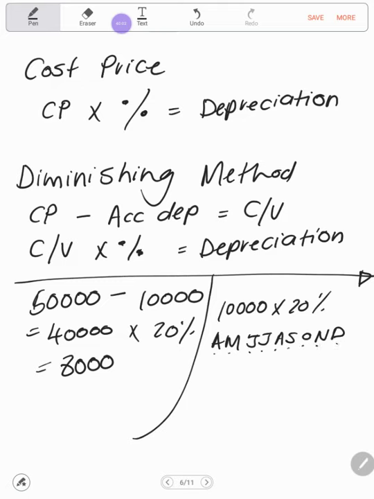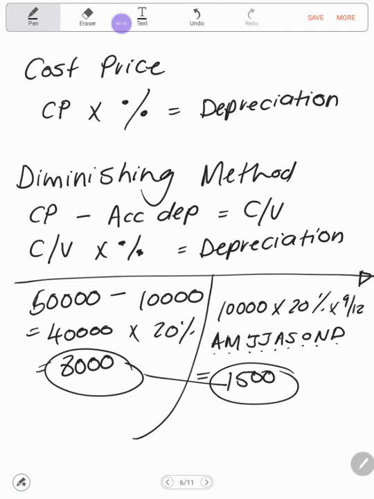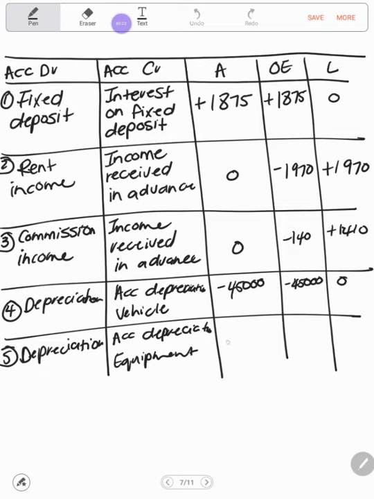You had it for 9 months, and this will give you a value of 1,500 rand. So your depreciation was on old plus the new. You add that together to get a total of 9,500.